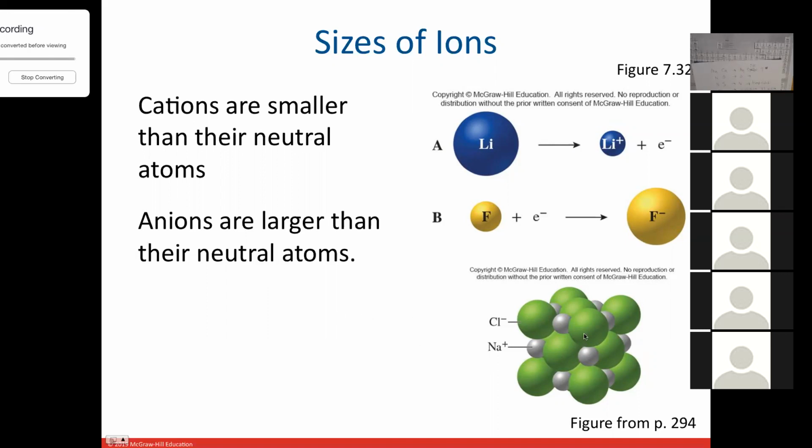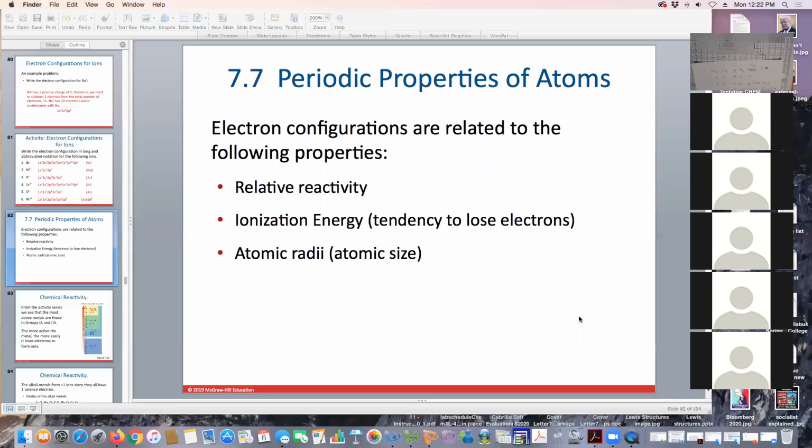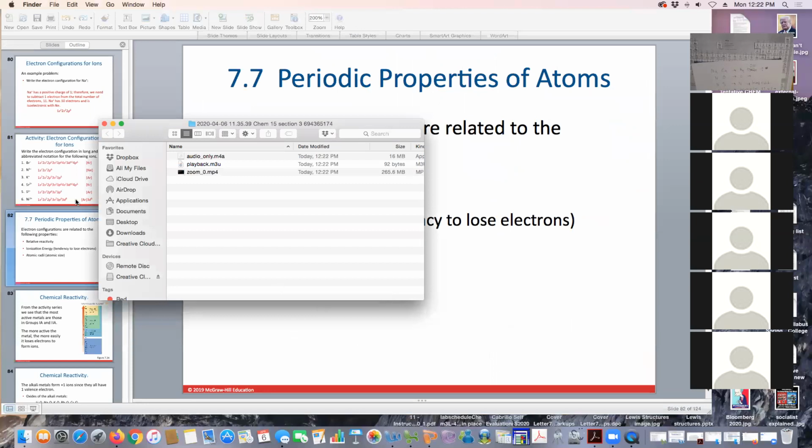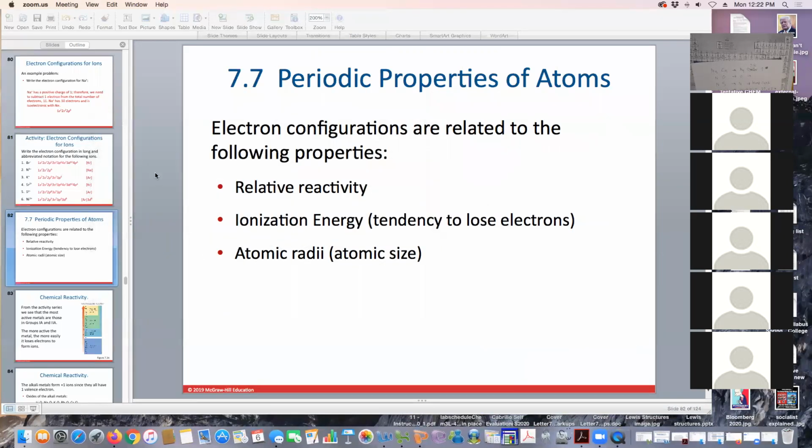Down below, they're showing a very microscopic crystal of sodium chloride. And, excuse me. The recording ended. What happened?